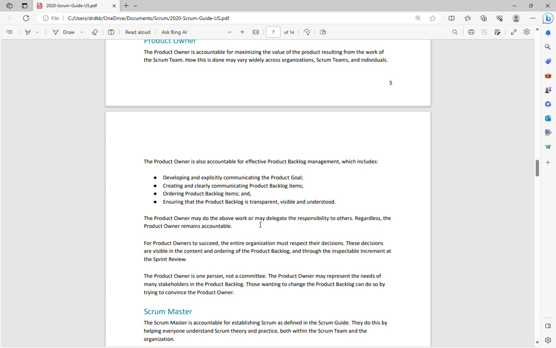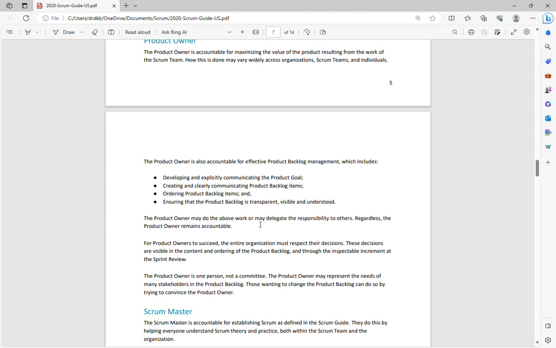The PO may decide to delegate certain choices to the others in the Scrum team in order for them to focus on more important matters. Generally, the PO would be working on multiple things, communicating with the customers and the stakeholders, and there would be multiple product aspects that he would be responsible for.